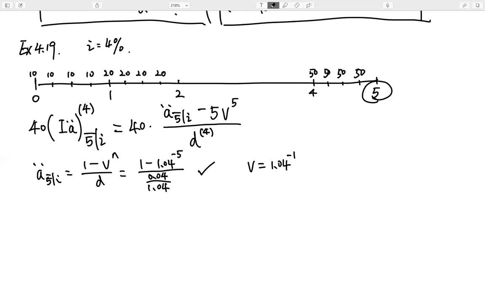V fifth is this to negative 5. So we know the second one. We just need to know one thing: D4 is 4 times 1 minus 1.04 to negative 1 over 4.